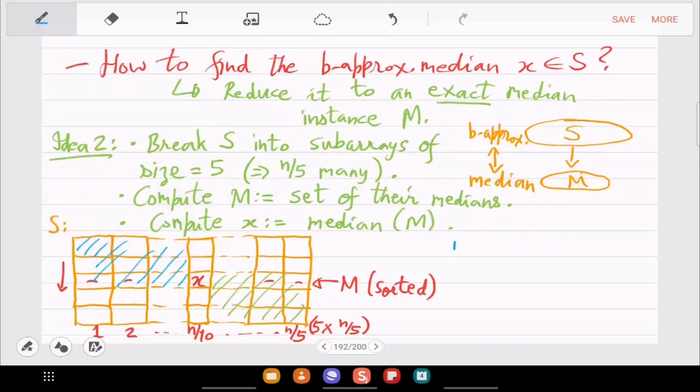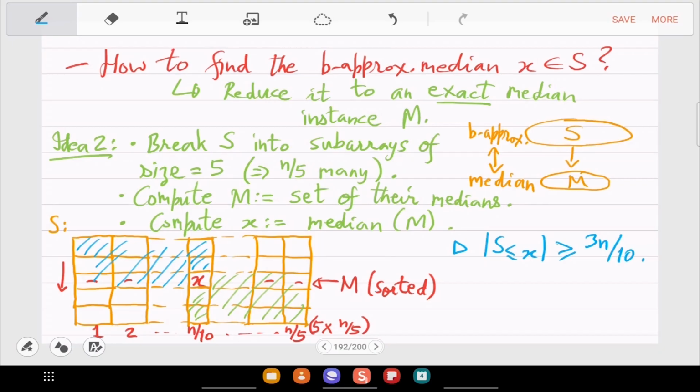Right, so what we have learned is the following, that if I look at less than or equal to x, in fact, this also is included. So this blue part gives you a lower bound of greater than or equal to 3n by 10, right? So 30%.